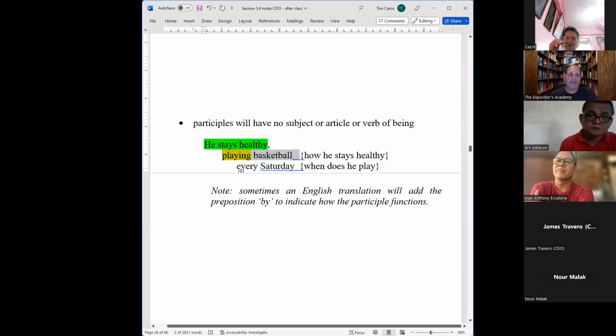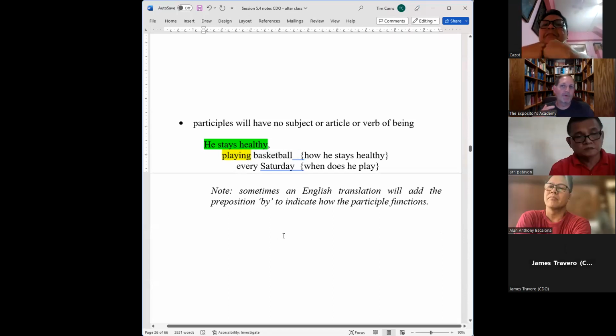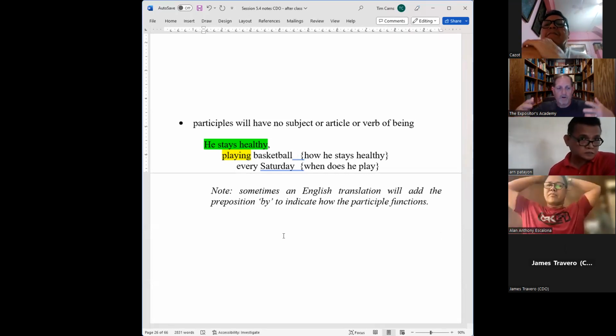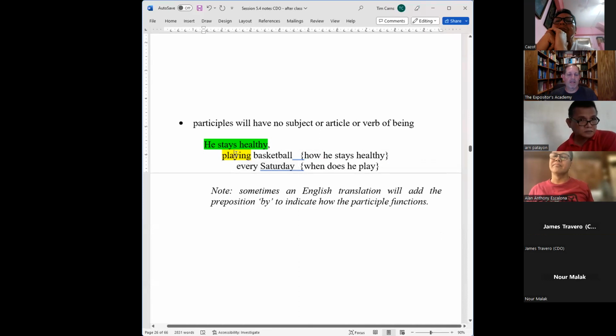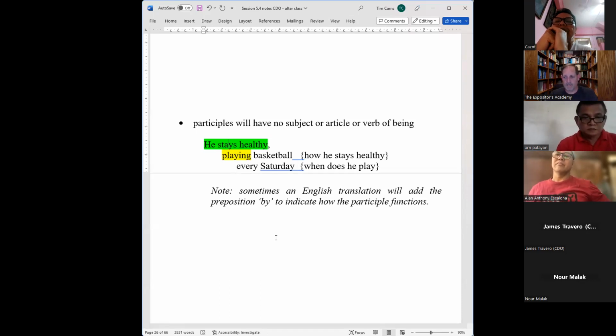Playing is not a regular verb here, but it has some verbal elements to it, meaning there's some element of an action involved. That's why every Saturday can modify playing, even though playing's not a regular verb. So every Saturday doesn't modify stays. It's not telling us when he stays healthy. It's telling us when he plays basketball. So it's modifying playing. You guys see that?